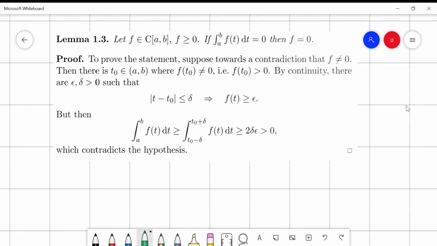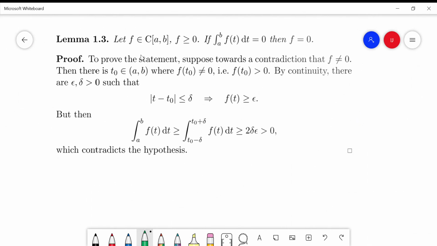Okay, so basically it says when we have a continuous, non-negative function satisfying this property, in other words, the integral over the interval a, b is 0, then the function should also be 0 everywhere.